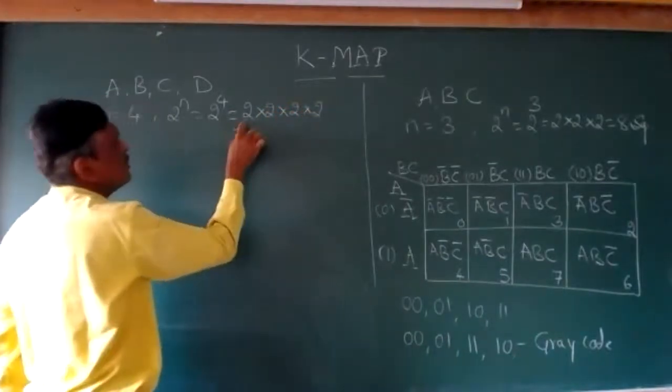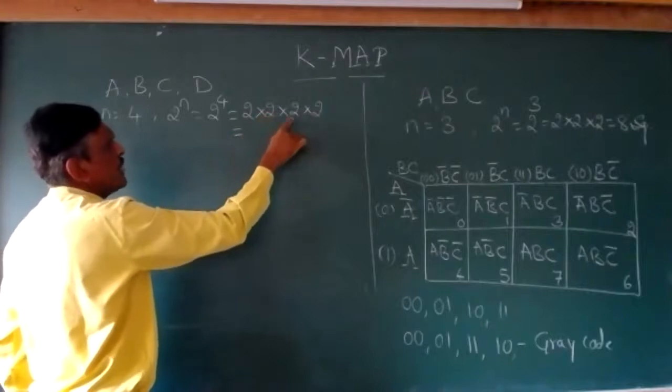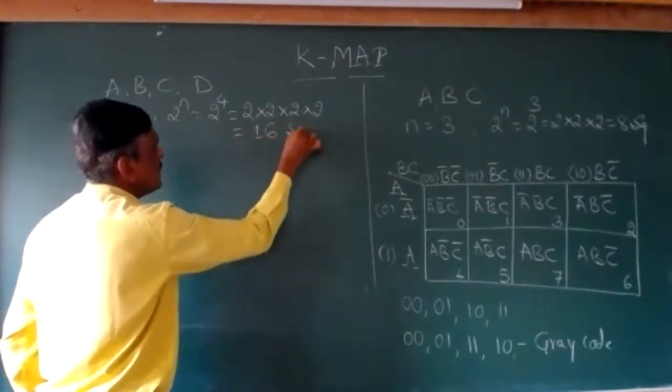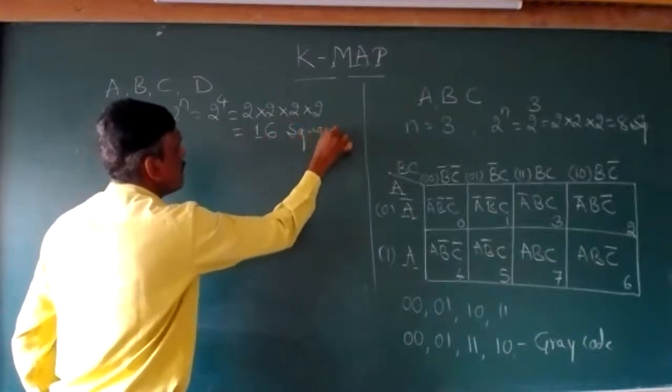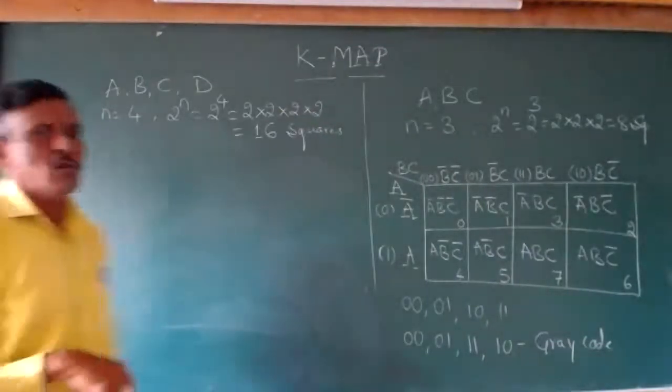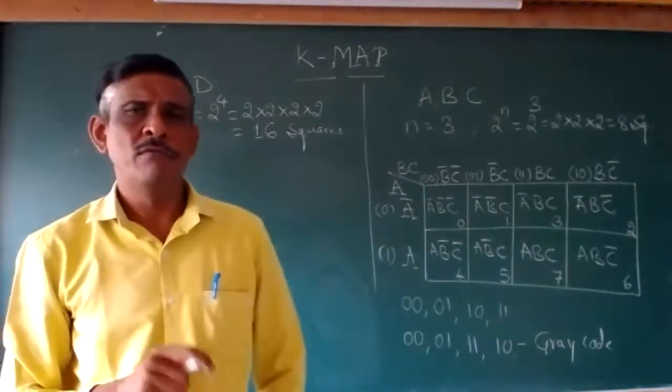What will we get? 2 into 2, 4. 4 into 2, 8. 8 into 2, 16. 16 squares are required to solve the particular function.